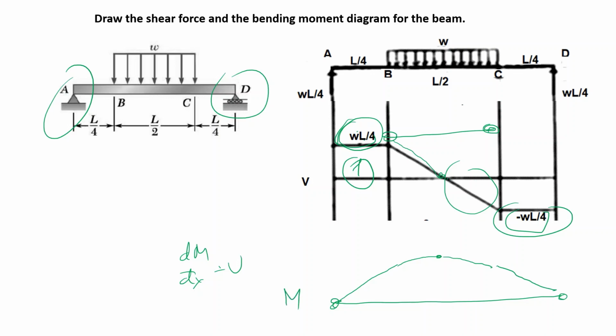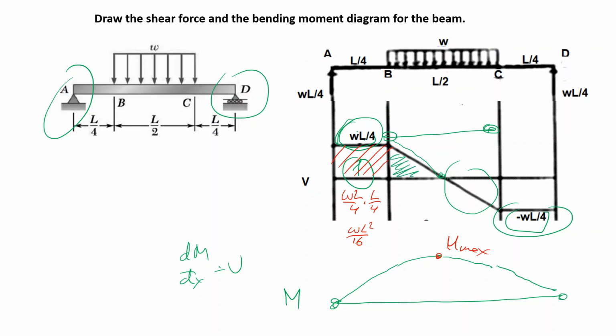How about the value of this M max? Well, we can do it with area calculation. This area is WL over 4 times L over 4, and that is WL squared over 16. And what about the next area?